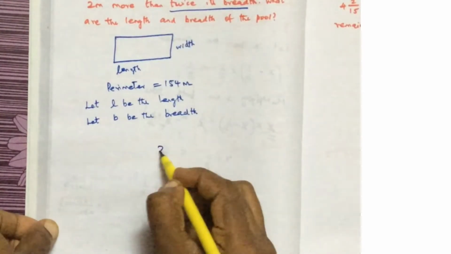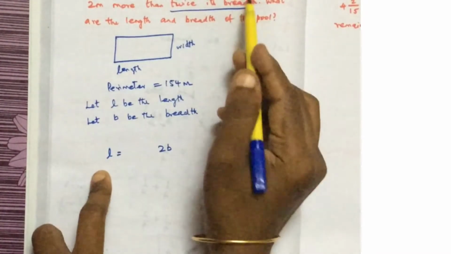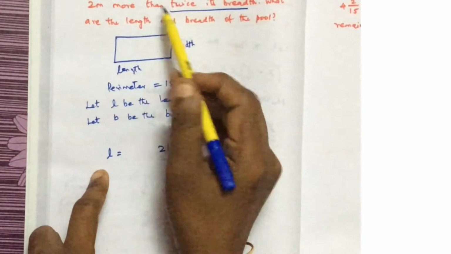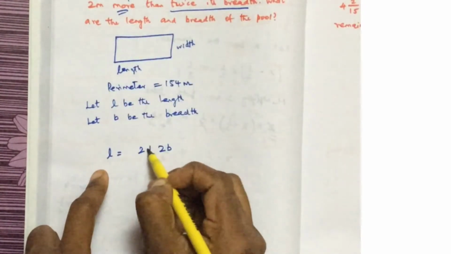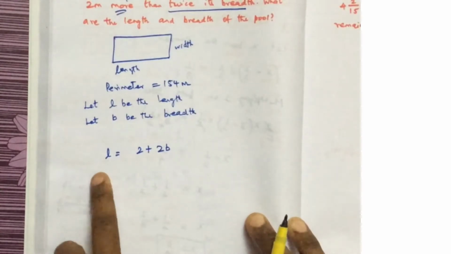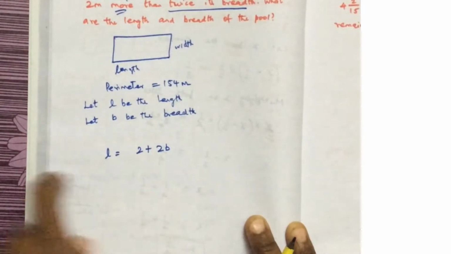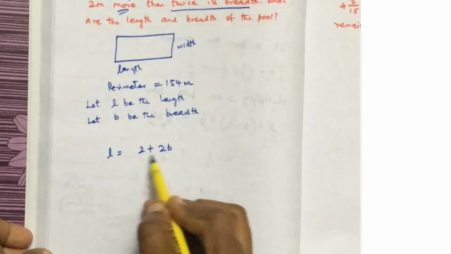So first multiply the breadth by 2. The length is 2 meter more than twice its breadth; "more than" means addition. So 2 plus 2b. So L can be written as 2 plus 2b.